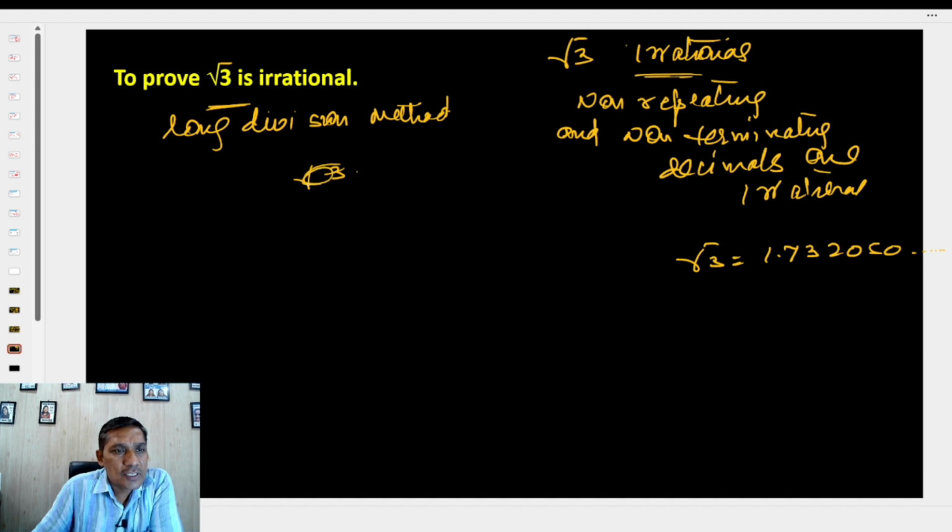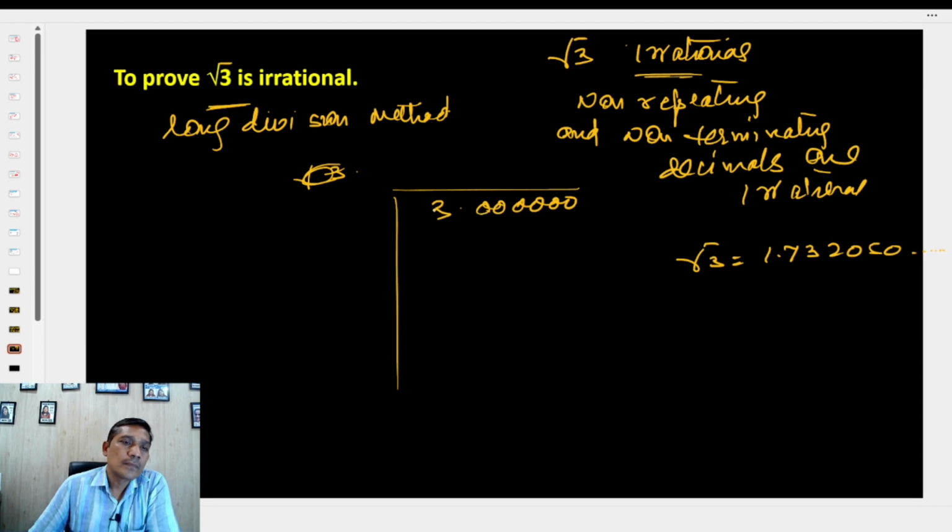So what I should do is write down 3 and try to find the square root. So 3.00, I make a group here. I can put as many pairs of 0 as possible. It doesn't make any difference. And 3 is a single number. So I got 1 here and 1 here.